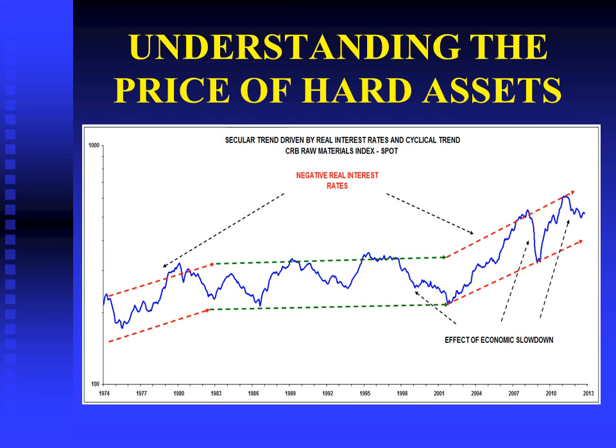But to buy gold, you have to have a view of what the overall market is going to do. Again, there is the long-term trend based on the position of short-term rates relative to inflation, and then there is the near-term cyclical behavior of commodities that instead is based on the strength and weakness of the economy.